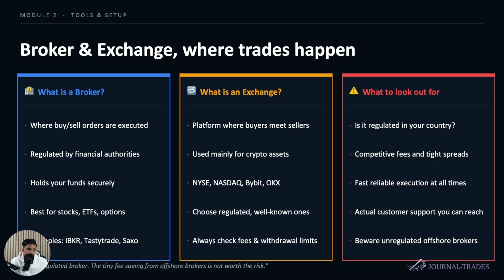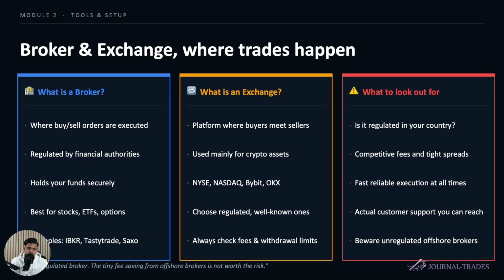So what to look out for is, is the broker or the exchange regulated in your country? There are competitive fees and tight spreads with certain brokers. And what you need to understand is that certain brokers have lower fees than other brokers, but if you are choosing a broker, you're not just looking at the fees, but most primarily, is it regulated?